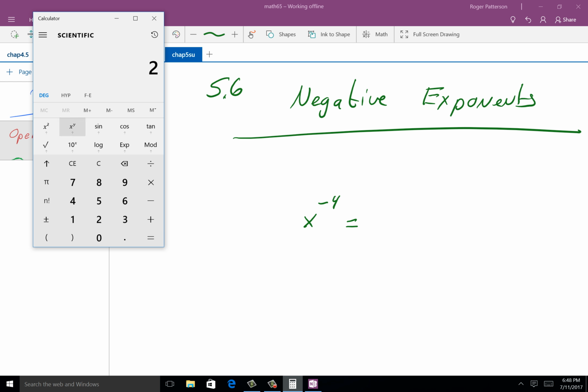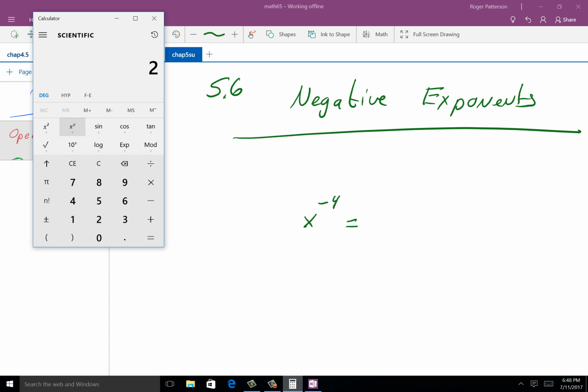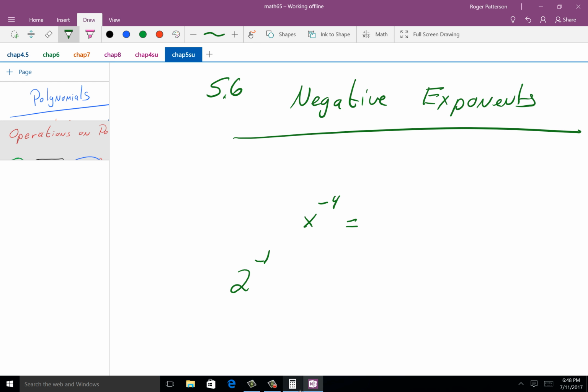Start simple. 2 to the negative 1 equals 0.5, so that's going to be a half.